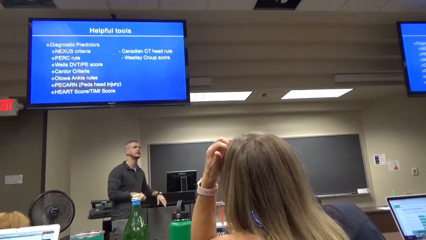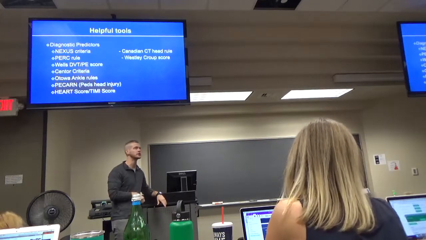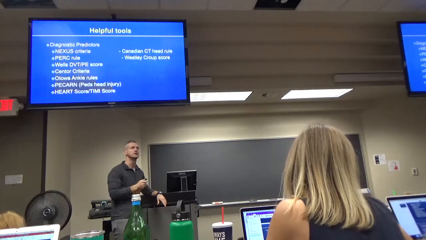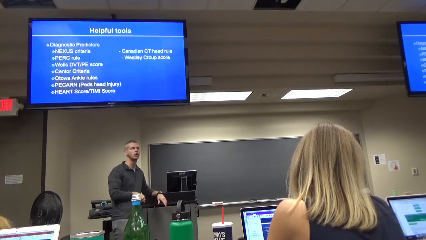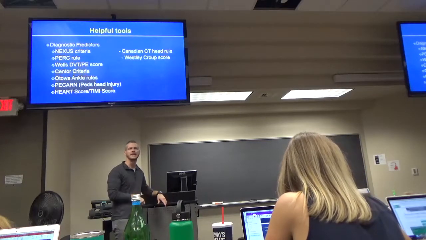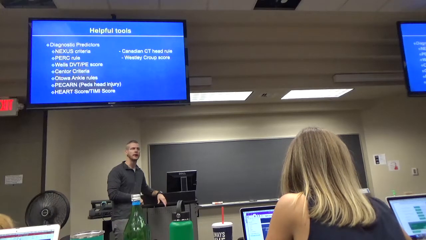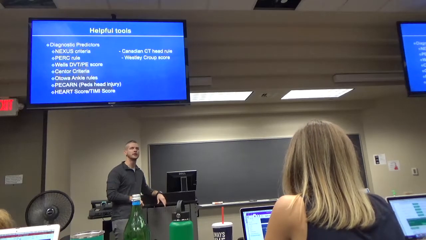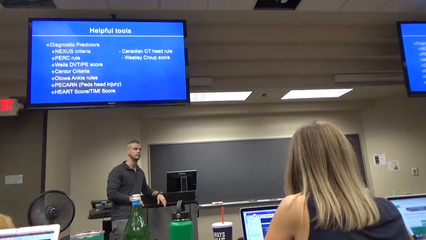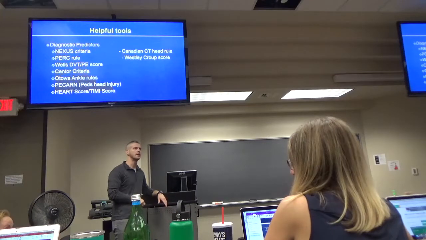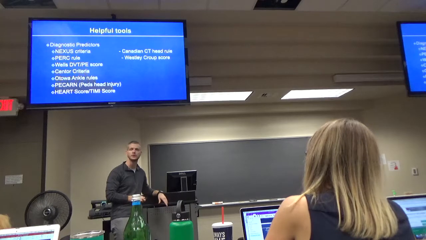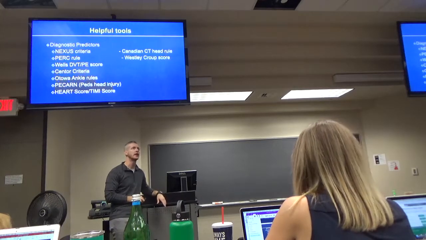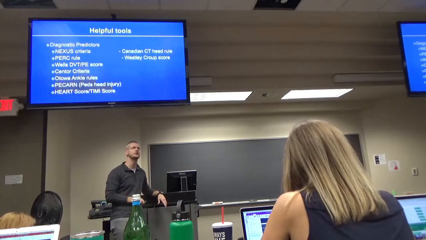Nexus criteria for C-spine injury, PERC rule, I use it all the time for PE, Centor criteria for strep throat, Westley Croup score, and all this stuff's on MD Calc. I would recommend every single person download MD Calc. I use it all the time. It's super easy to use, and it's got way more helpful tools than just that, and they help point you in one direction or the other.